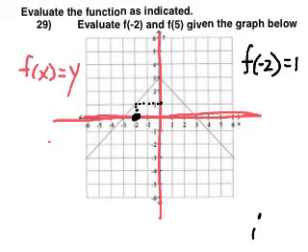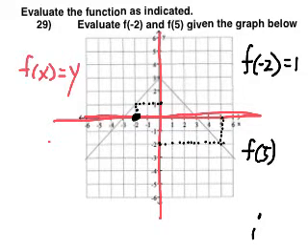Okay, let's see what the function does with 5. We hit the function here. Its y value, which is our f of x value, is negative 2. So this is what the function does with 5. It changes it into negative 2. So f of 5 equals negative 2.